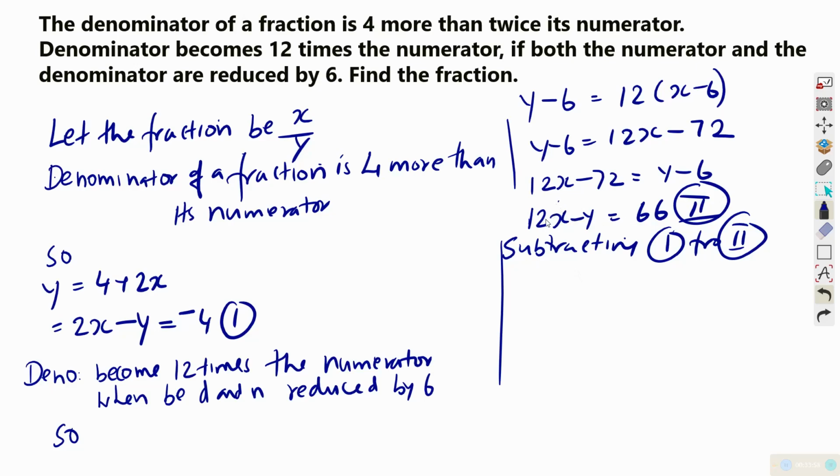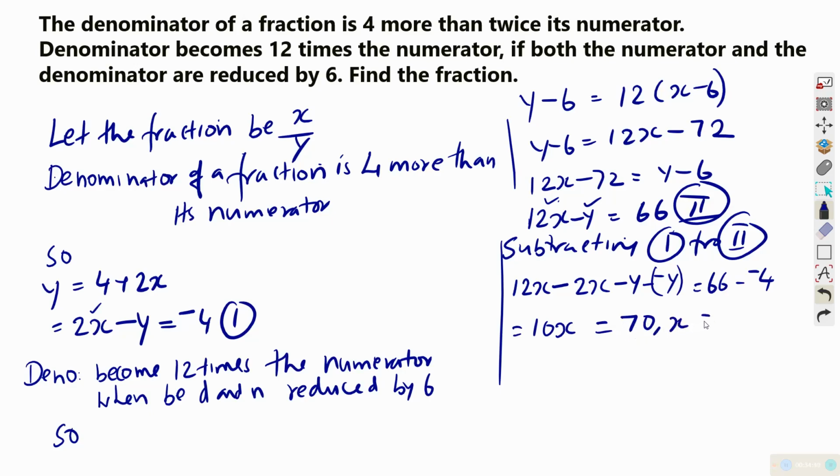The whole y will get cancelled, because it will become minus y plus y. 66 minus minus 4 will become 66 plus 4, 70. So here 12x minus 2x is 10x. y will get cancelled. It is equal to 70. x is equal to 7. 70 upon 10, 7.